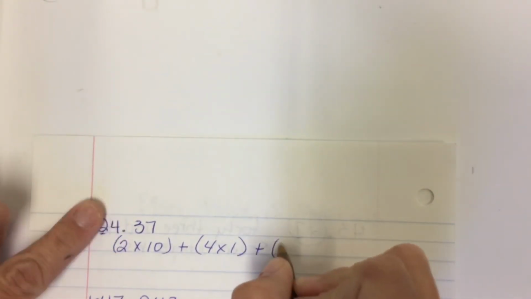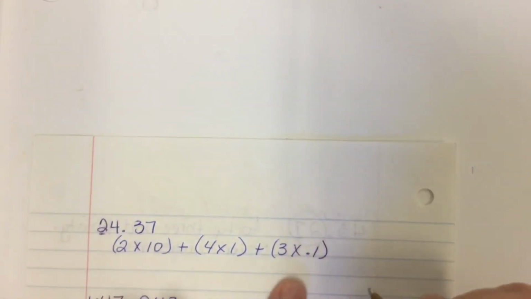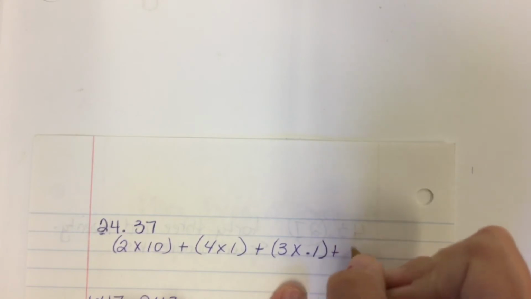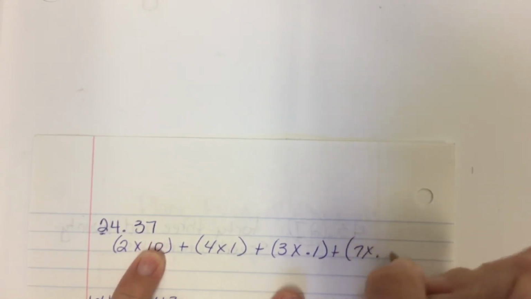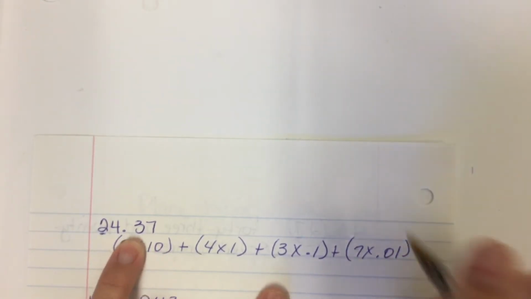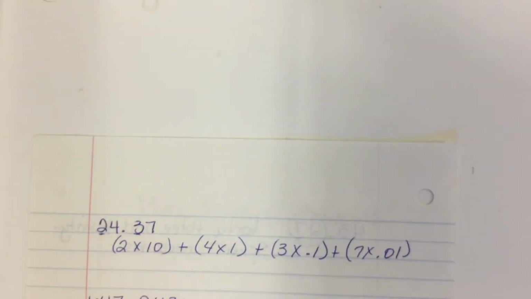Plus, the 3 is in the tenths place, so parentheses 3 times 0.1, because that's a tenth. And then I'm going to add the 7. So 7 times 0.01, because it's 0.07. Okay, so there's expanded notation.